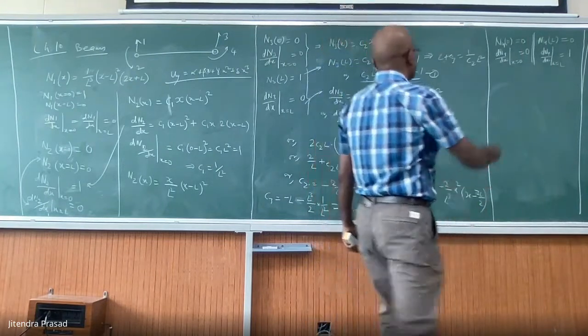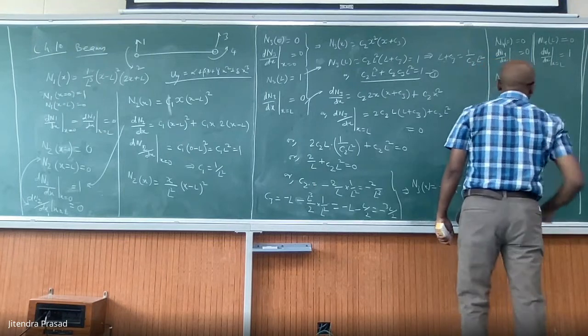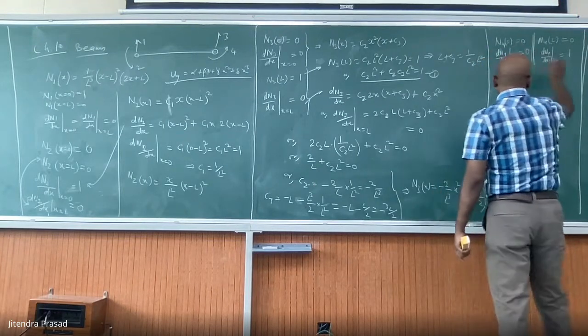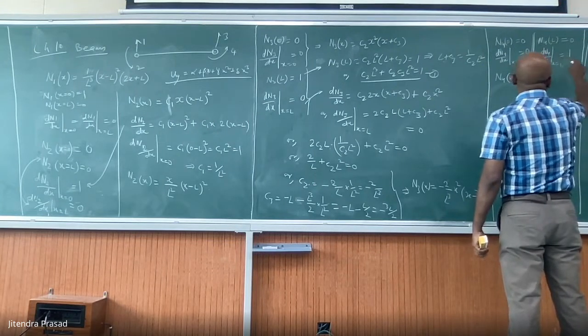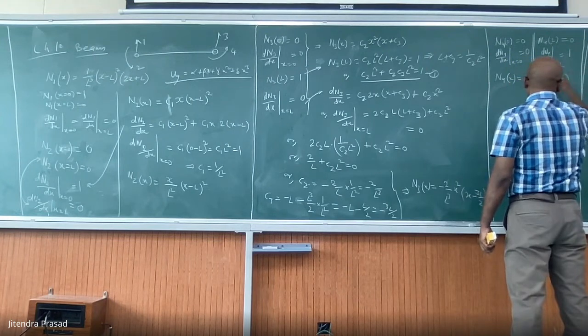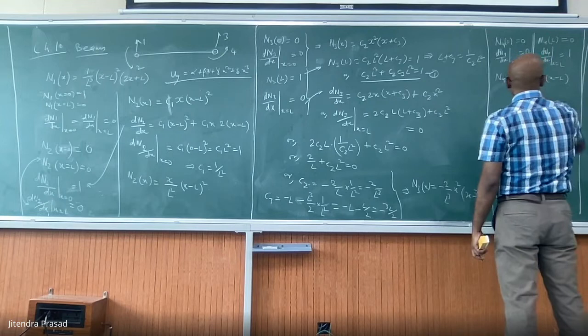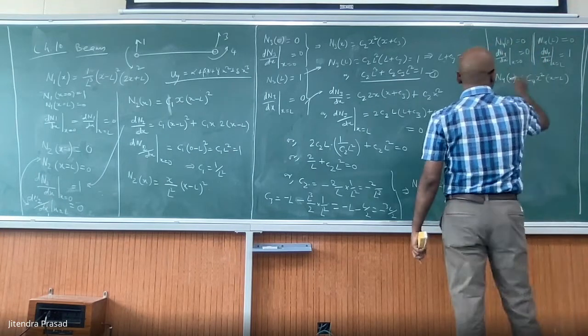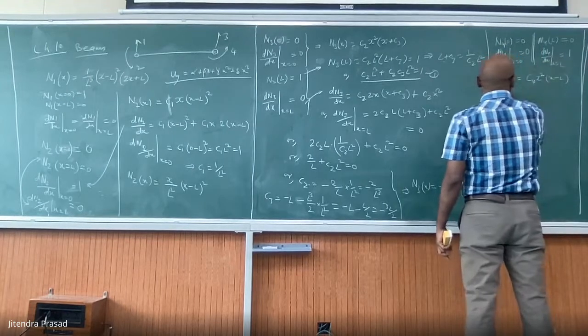Okay, so then N4(x) will be equal to, this is a double root here, so of course you will have x square here, (x minus L), and then also the root at L, so (x minus L) as well. And then let's say this is C4. How do we solve it? We make that equal to 1.